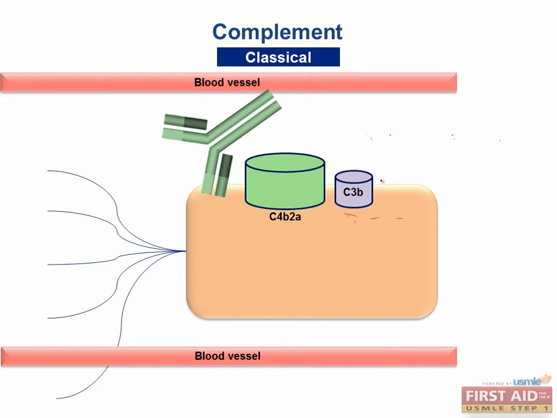And C3b, what's special about that? What do you think? It's actually an opsonin. So just like IgG is an opsonin, remember what that is? Opsonization is allowing and facilitating macrophage consumption of pathogens. Remember, it's like sticking a toothpick into a slippery bar of soap.